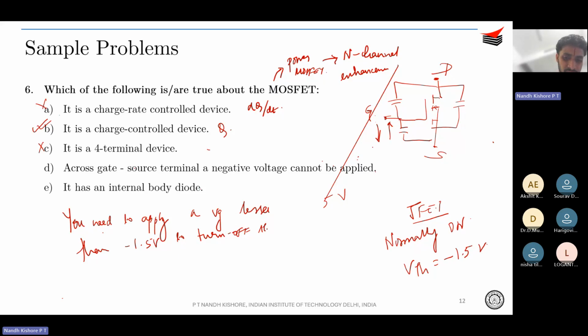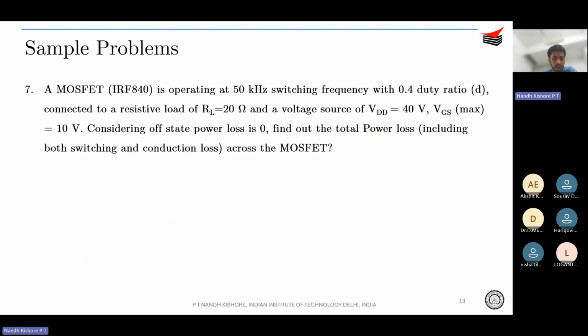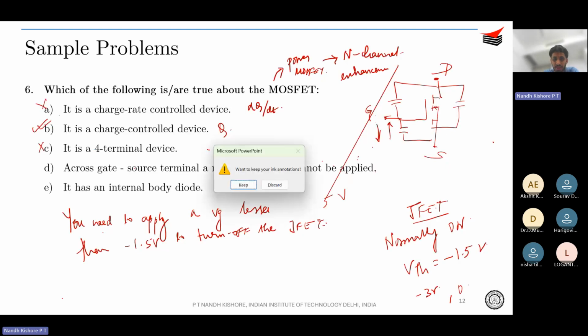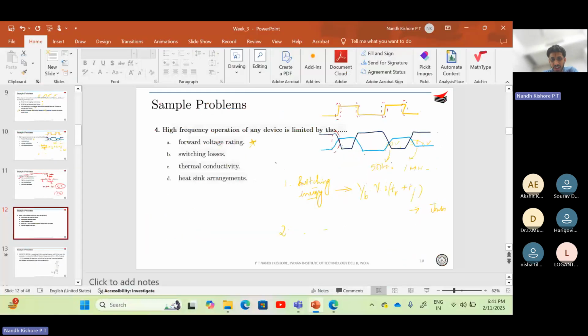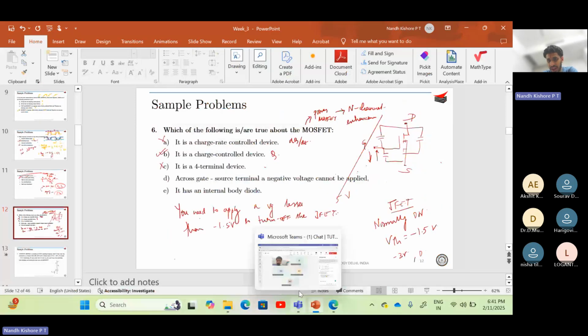Let's say your threshold is minus 1.5. You apply minus 3 volts, the JFET turns off. And you make it 0 volt, the JFET turns on. Simple. So JFET is a normally on device, whereas MOSFET is a normally off device, if you assume that it's an N-channel enhancement mode MOSFET. Okay, we will step into numerical problems, but till this point, if you have any doubts, please do go ahead and ask, or else we will jump right ahead into that.